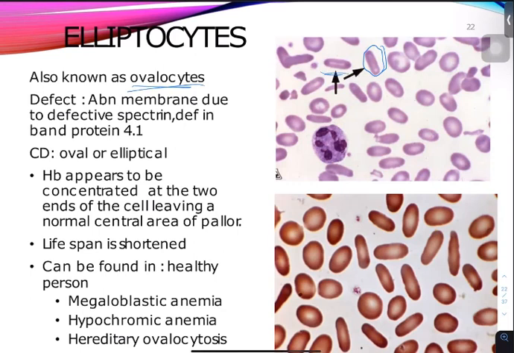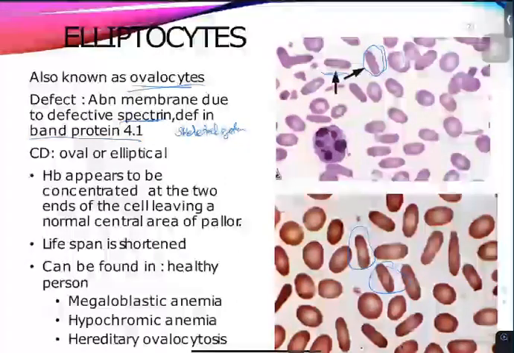Ito, dito. Yan, oval in shape. Now, the defect is usually in the spectrin and band protein 4.1. So, ano yung sinasabi natin? Yung spectrin at yung band 4.1 natin is the skeletal system of your RBC. Kaya, if ever na may defect or kulang ka dyan, your RBC will be in shape of your elliptocyte.